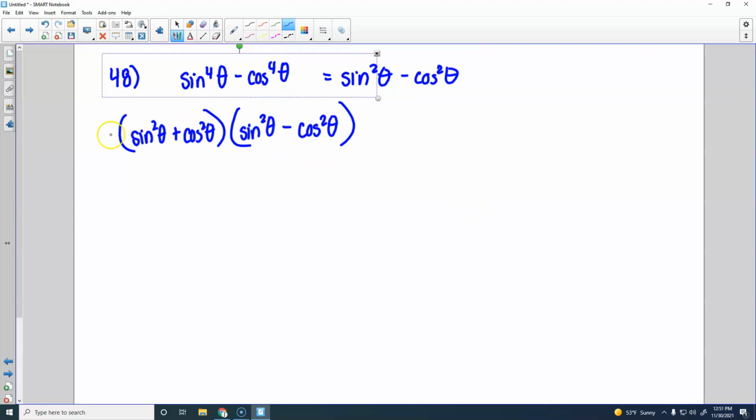And what is sine squared plus cosine squared? It's just 1. So you just get sine squared theta minus cosine squared theta. So I wouldn't rule out that I might give you something like that, but you're more likely to just see squares.